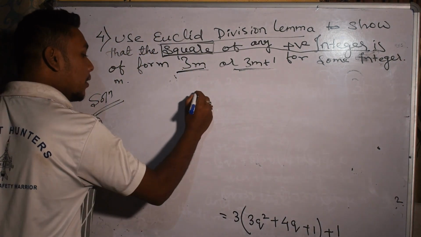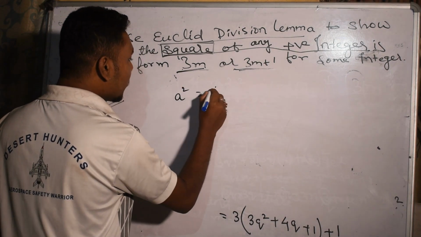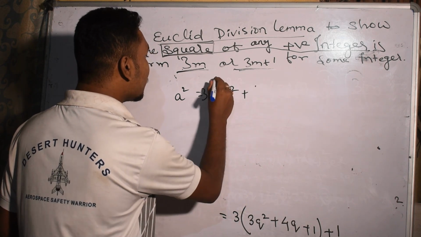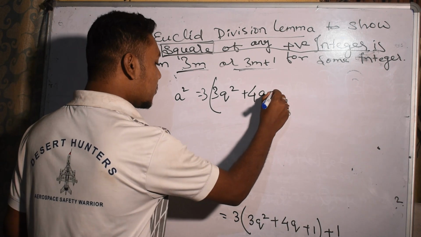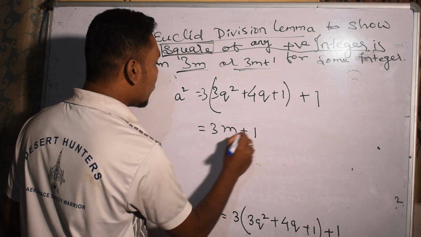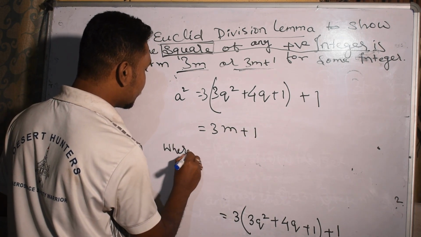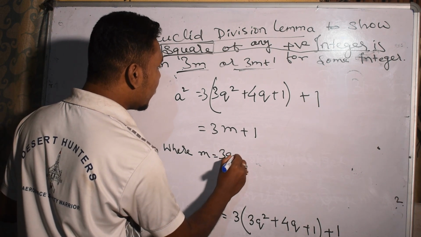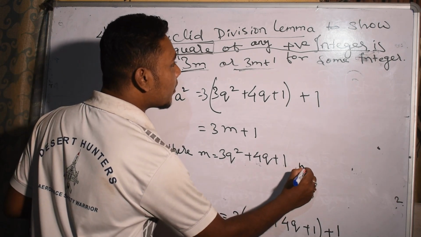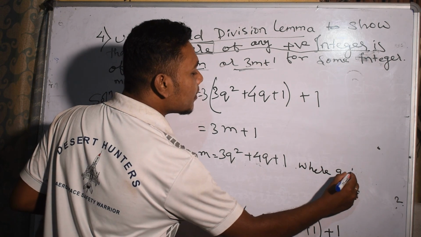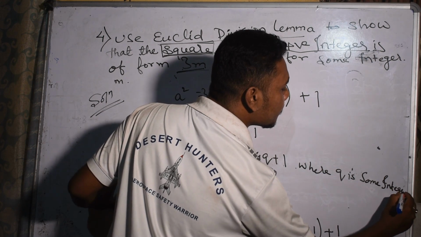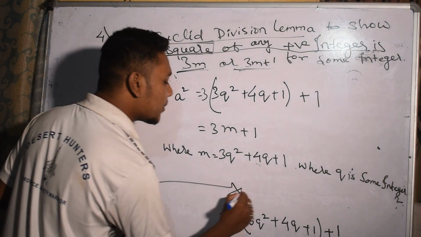A square equal to 3 into 3Q square plus 4Q plus 1, plus 1, which equals 3m plus 1, where m is equal to 3Q square plus 4Q plus 1, where Q is some integer. Okay, this was the last step.